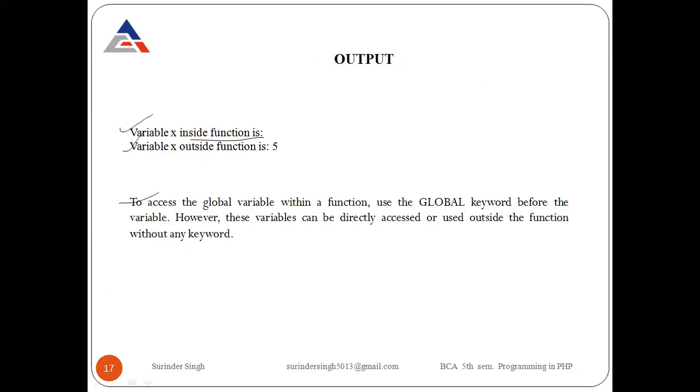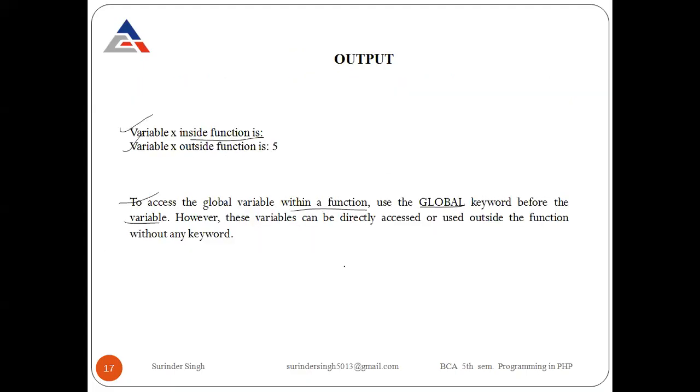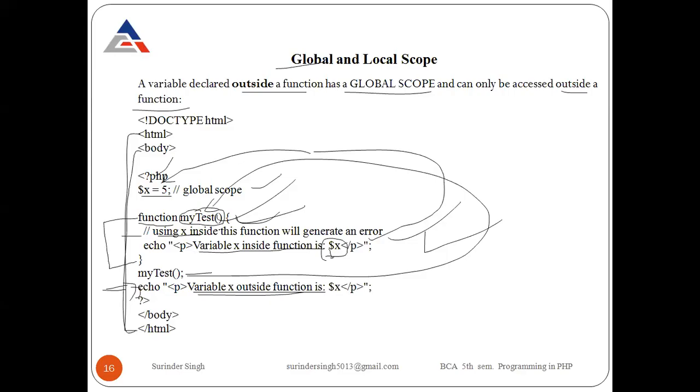Now, to access the global variable within a function, use the global keyword before the variable. Clear? We have to use the global keyword before the variable here, not in the printing statement, but in this statement here.